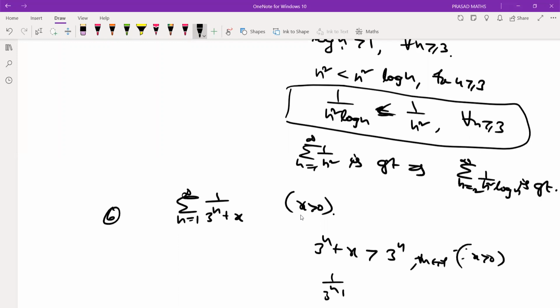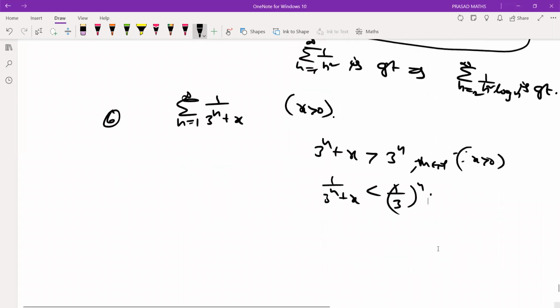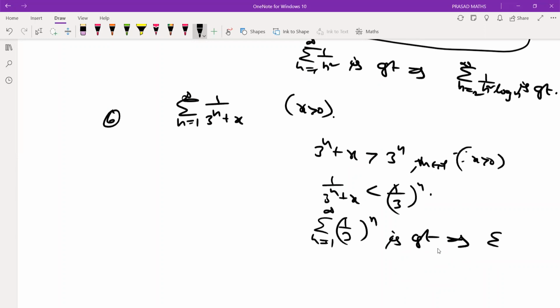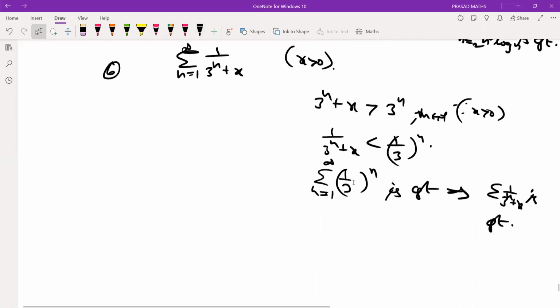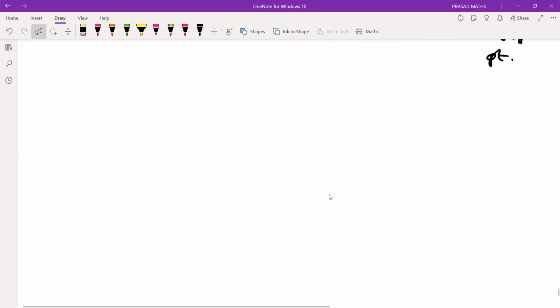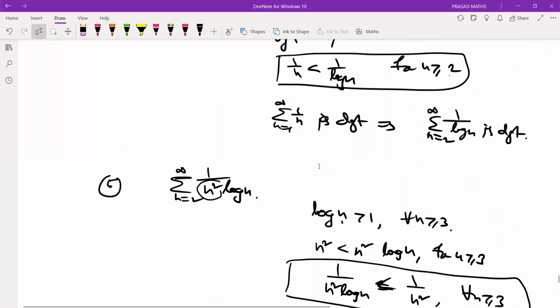Therefore 1 by 3 power n plus x is always less than 1 by 3 whole power n. The right side is convergent by geometric series, since r equals 1 by 3 is less than 1. So your series is convergent. This is exactly comparison test 1.